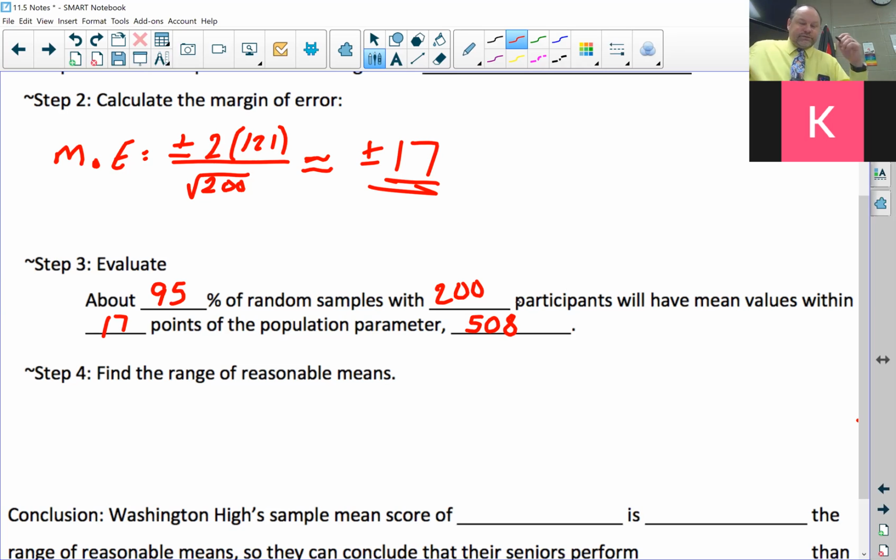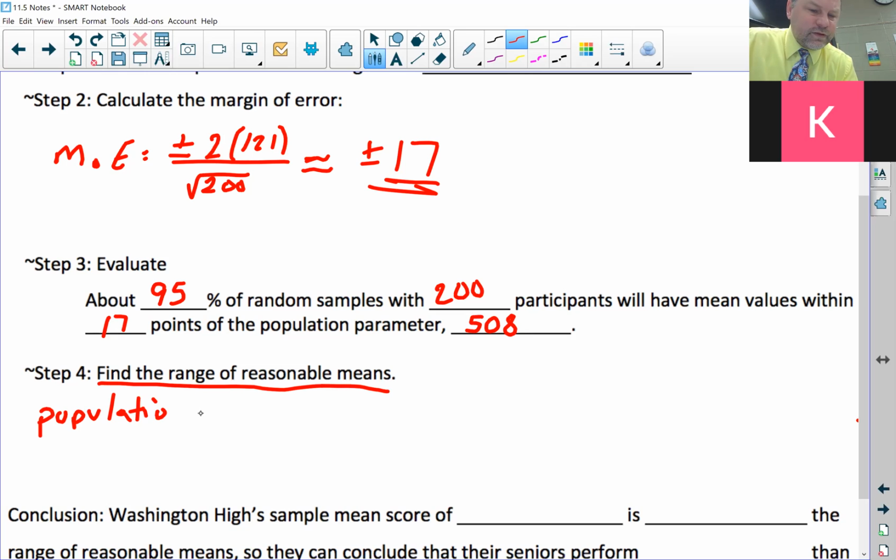So that's just using the information given using our margin of error calculation. To find the range of reasonable means, we're going to take the population parameter and add and subtract the margin of error.